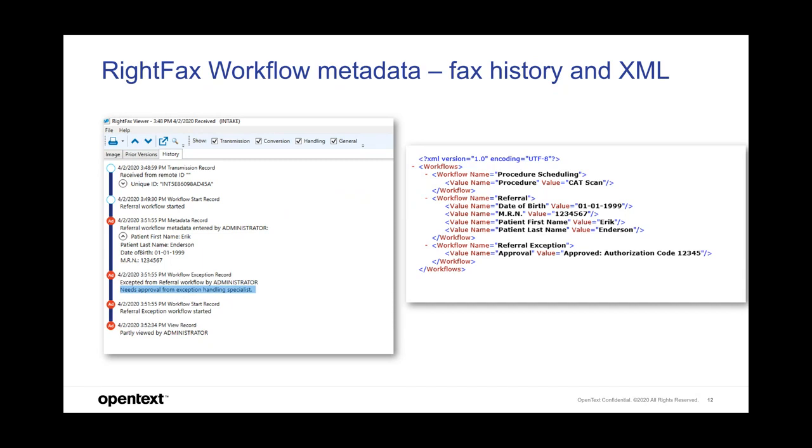So what we can do now, with these name-value pairs that we create by pulling data off of the fax, is very easily bring this into a system like an Epic or a Hyland or what have you, with these structured bits of data already attached to the fax. And so this is ultimately where we see the most value.